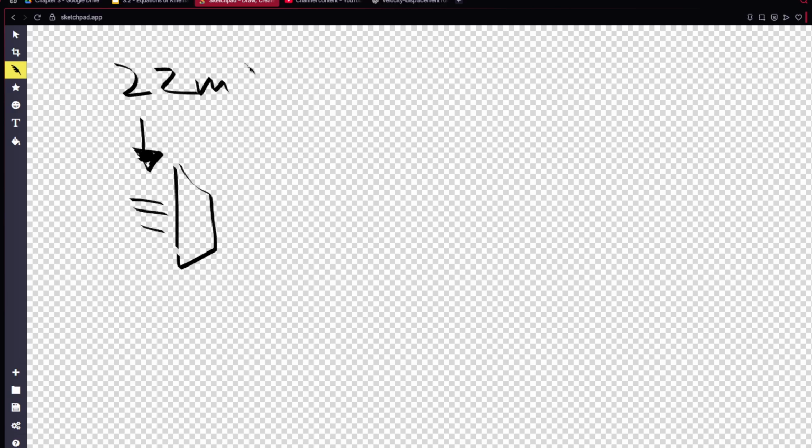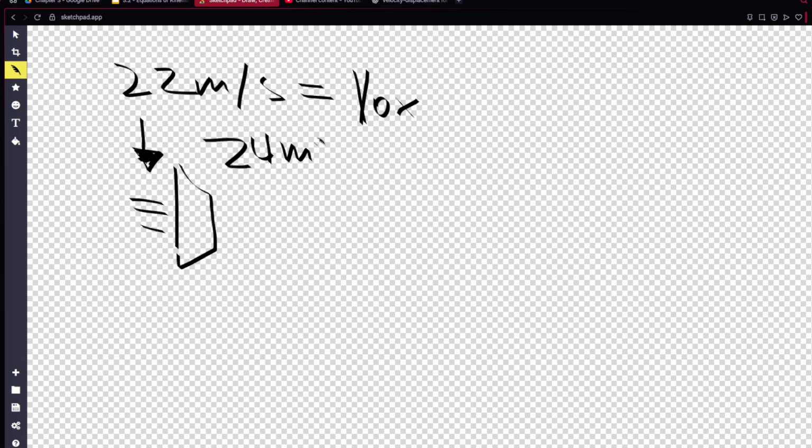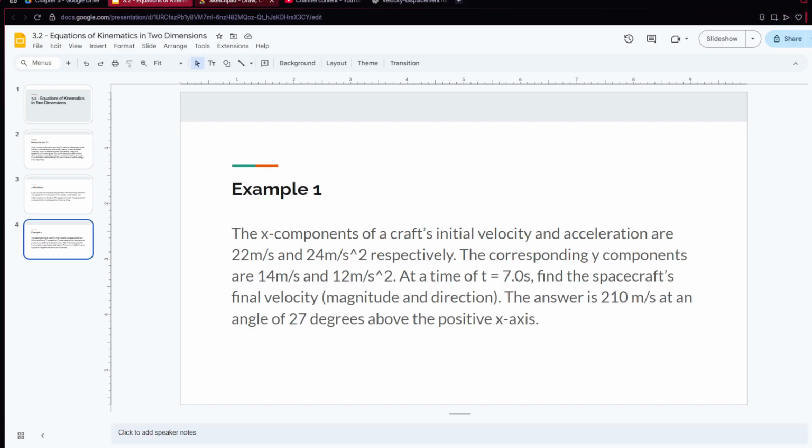So initially it's 22 meters per second, which is the Vox, the velocity in the x direction. We have 24 meters per second squared in the acceleration x direction. We don't have an initial acceleration because we don't deal with jerk in this book, I don't think. Jerk is just the derivative of acceleration, or the slope of acceleration.